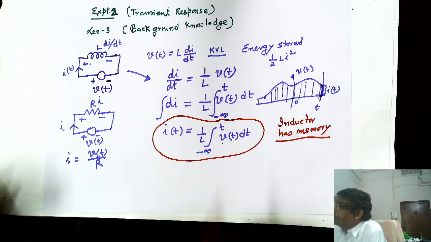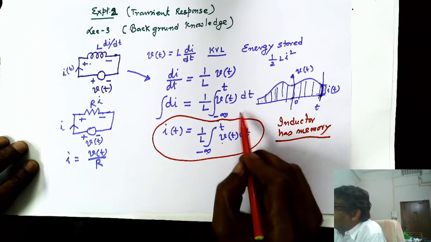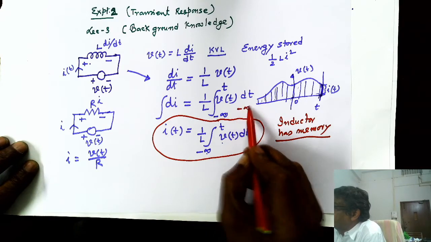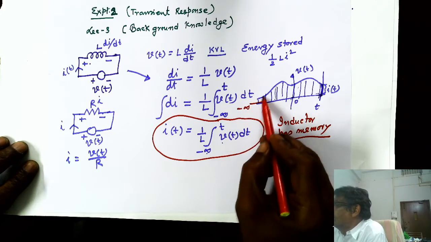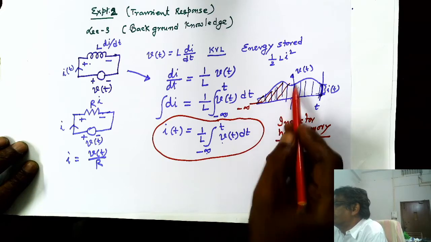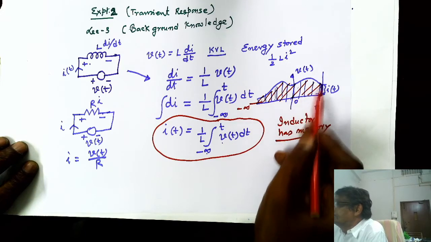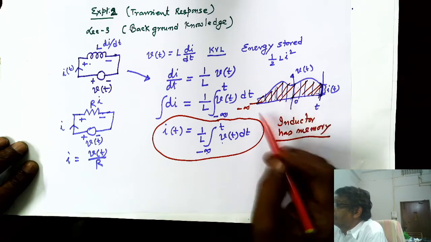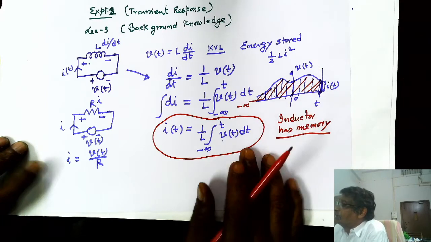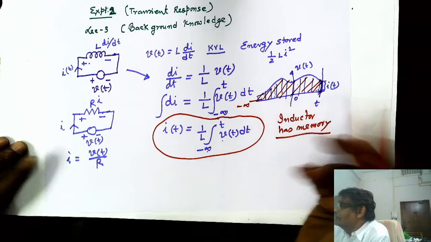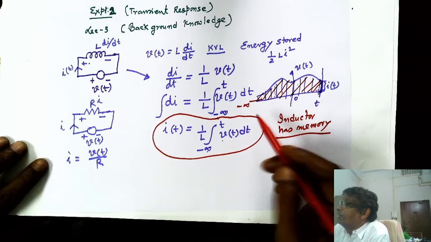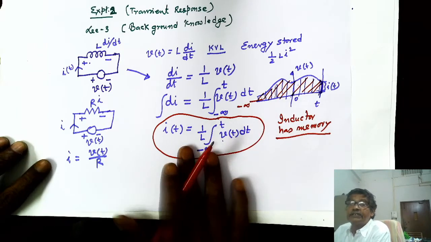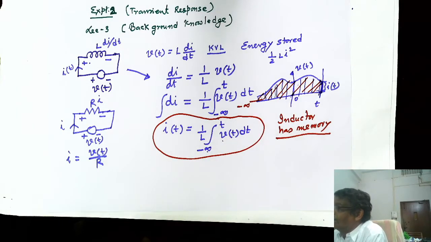And this integration, if you carry out from minus infinity, mind you, these are the limits of integration. This is nothing but the area under this voltage-time graph. So area under this curve divided by L will finally fix up the current in the inductor. It may look a bit disturbing.